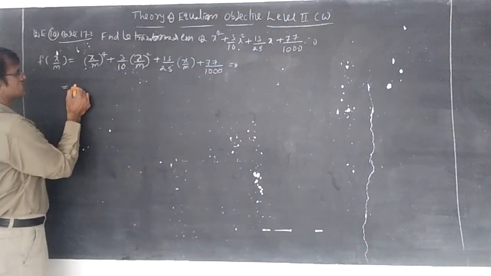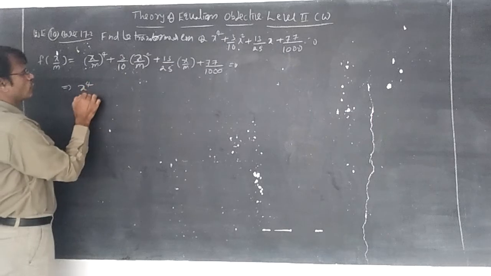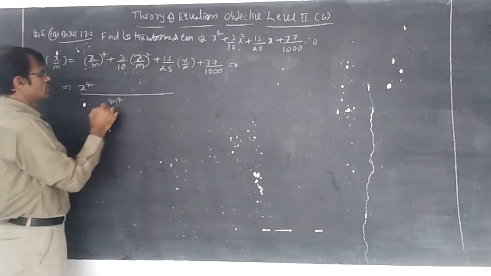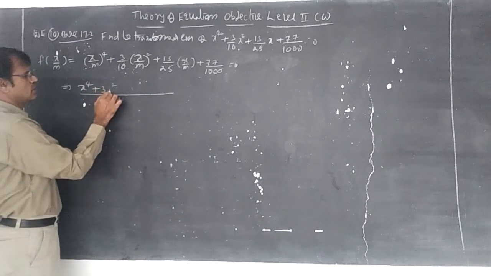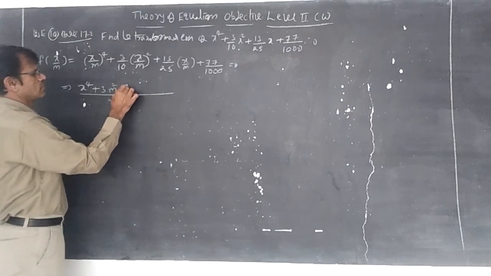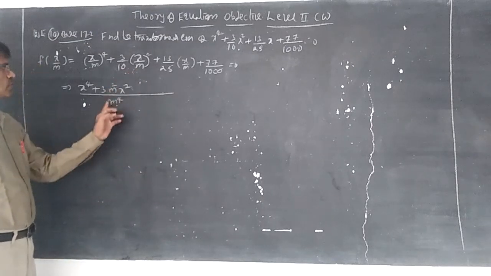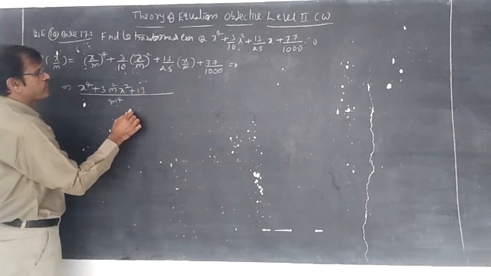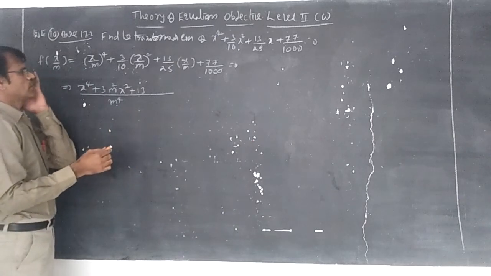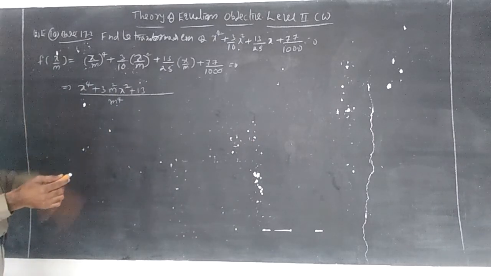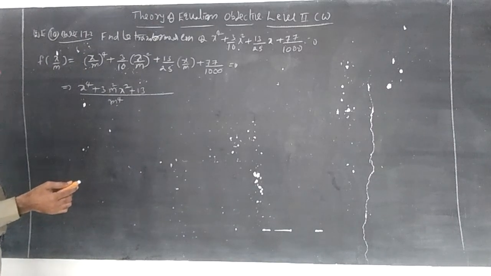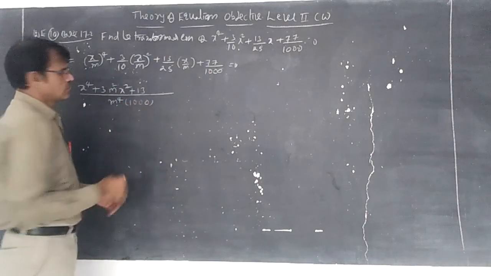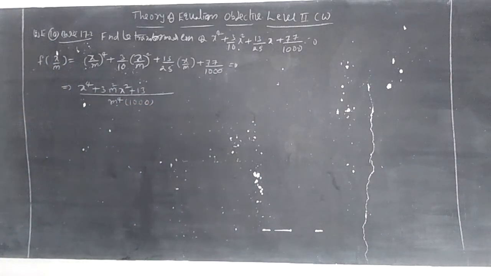Taking LCM, you can write this as m power 4 as the LCM. x power 4 plus 3m square x square, because m square will be dividing in the m square terms. Next, so total m power 4, so 3 by 10 into... LCM also, for 10 and 25, it is 1000. So LCM is 1000. Depending upon that LCM also we can do.